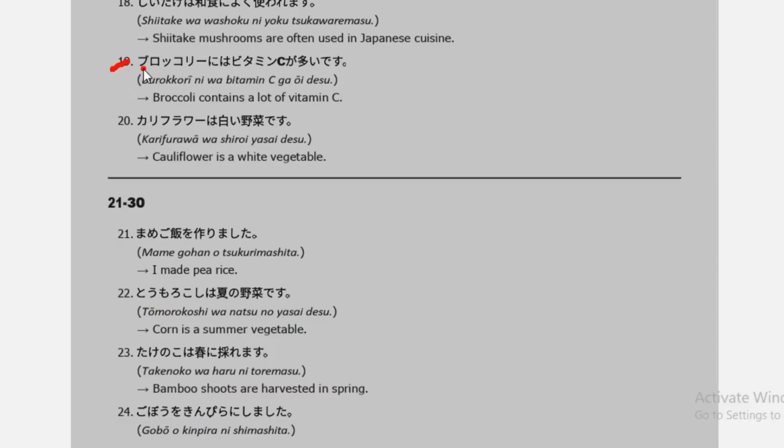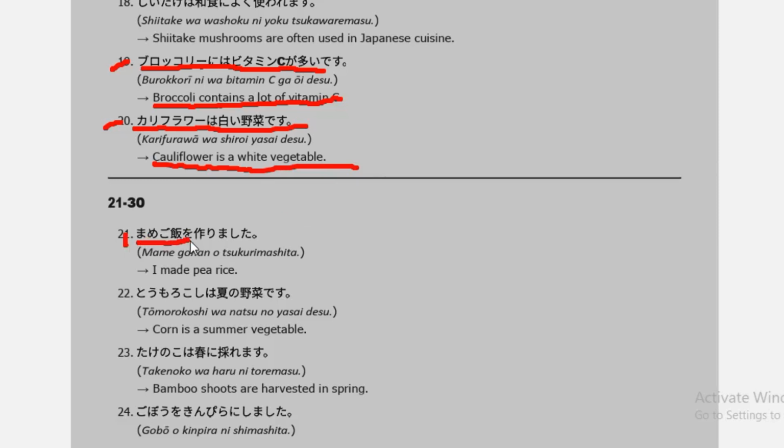The next is broccoli ni wa vitamin C ga ooi desu, means broccoli contains a lot of vitamin C. The next is cauliflower wa shiroi yasai desu, means cauliflower is a white vegetable.